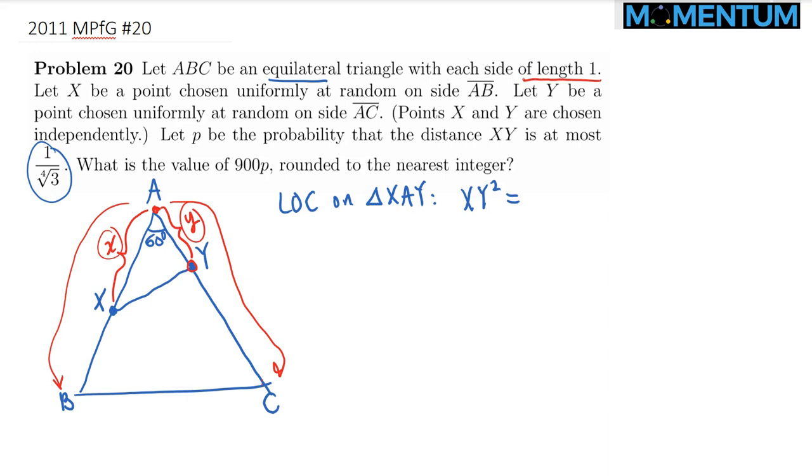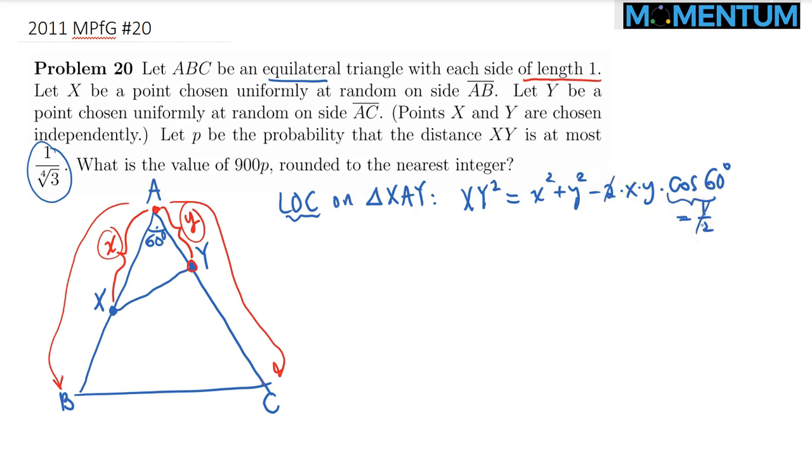So we have x² + y² from the law of cosines minus 2xy times the cosine of 60 degrees. Cosine of 60 degrees, as you might recall, is equal to sine of 30 degrees, which is 1/2. So the 1/2 and the 2 will just vanish.